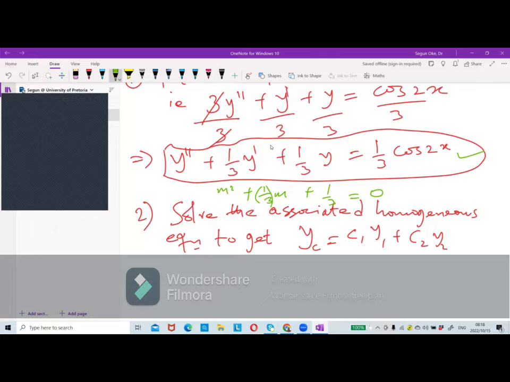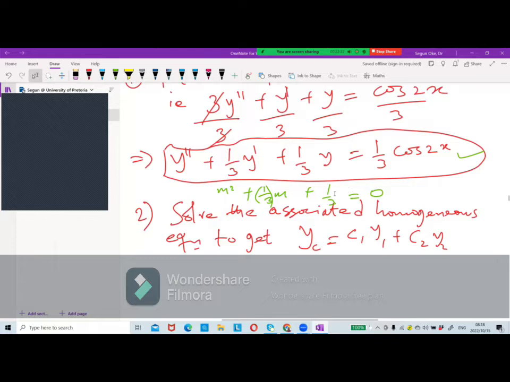Sorry, we are doing the homogeneous, not non-homogeneous. So it will be equal to 0. Once it's homogeneous, it will be equal to 0. Then you can solve it.